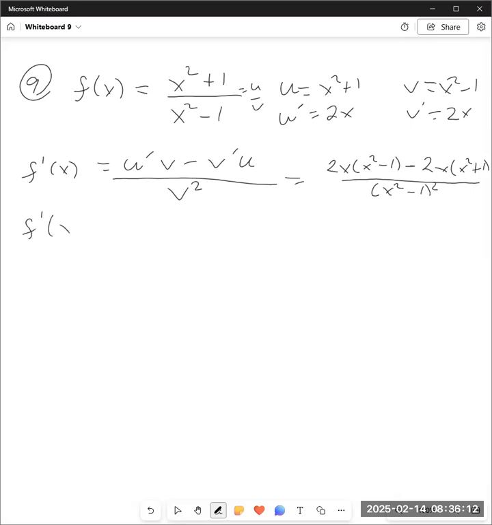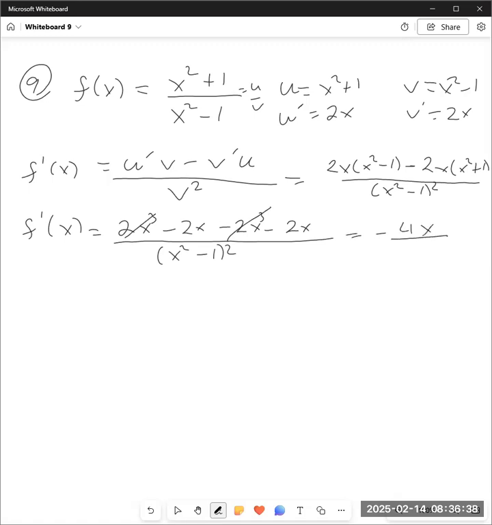So f prime of x is equal to 2x to the third minus 2x minus 2x to the third minus 2x over x squared minus 1 quantity squared. That gives me negative 4x over x squared minus 1 quantity squared.